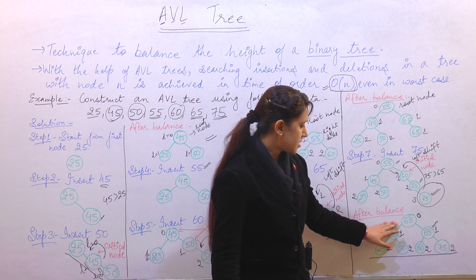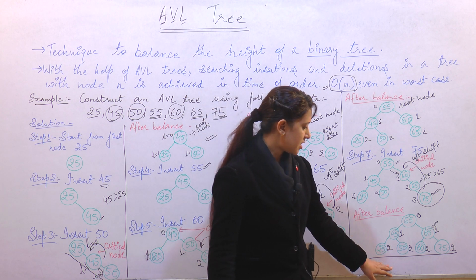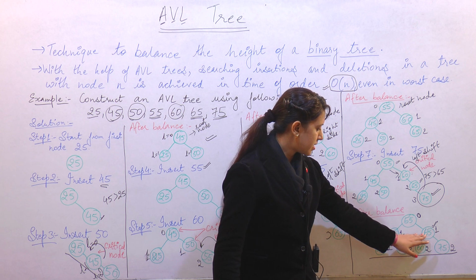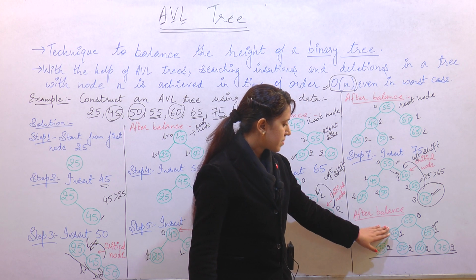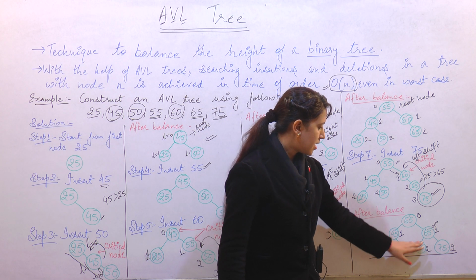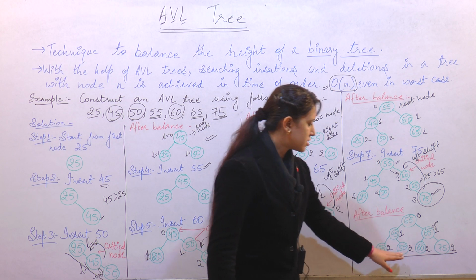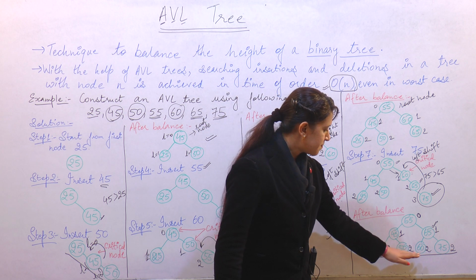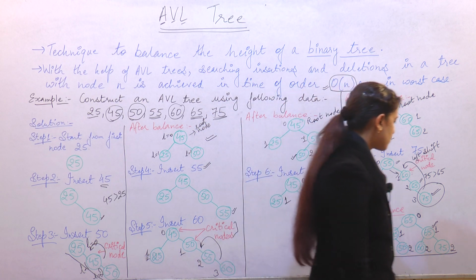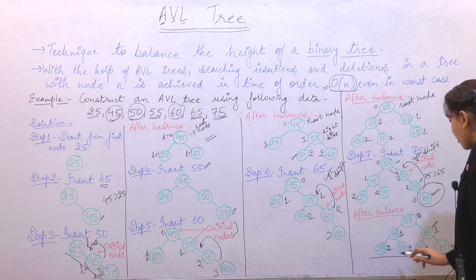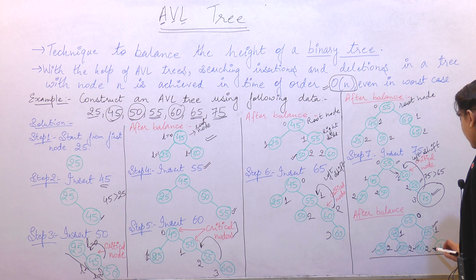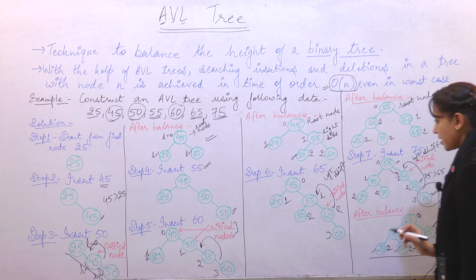So this is our constructed binary tree, and in this binary tree our root node has 2 children. Further moving, the left subtree also has 2 children and the right subtree also has 2 children, and all these terminal nodes, that means 25, 50, 60 and 75, are at the same level.